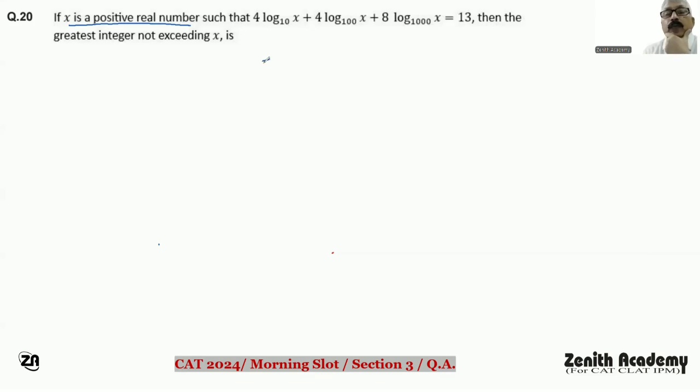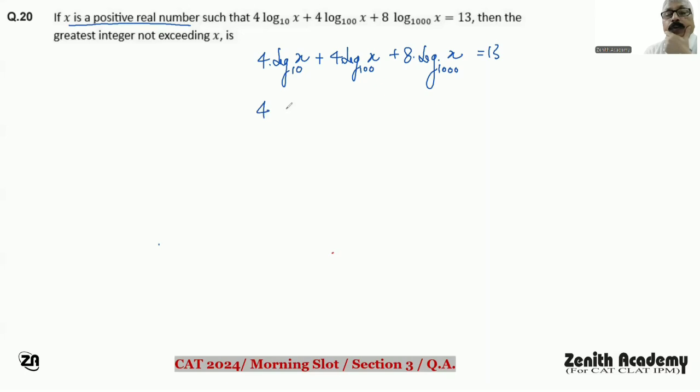So look here, it's 4 log of x base 10, and this is 4 log of x base 100, and here 8 into log of x base 1000 is equal to 13. It is a 10, it is a 100, it is 1000.